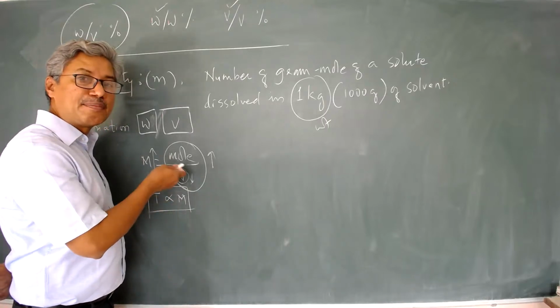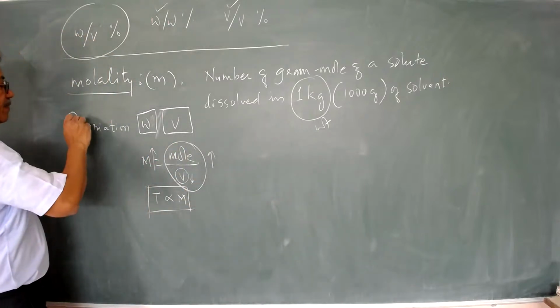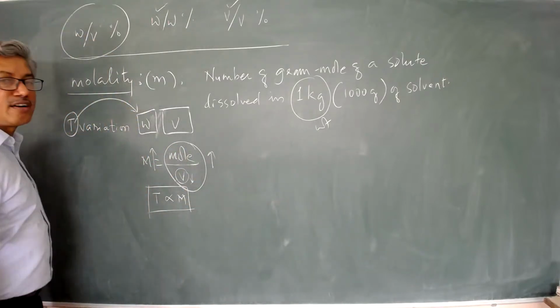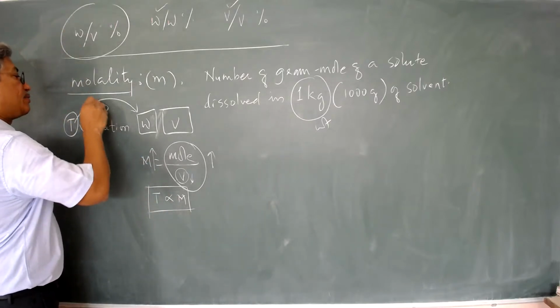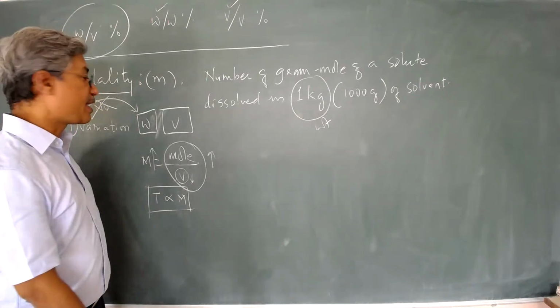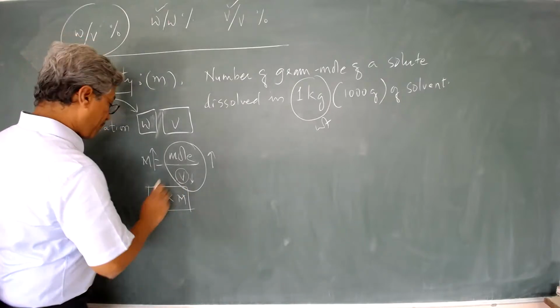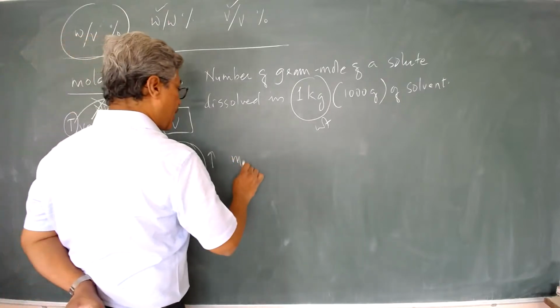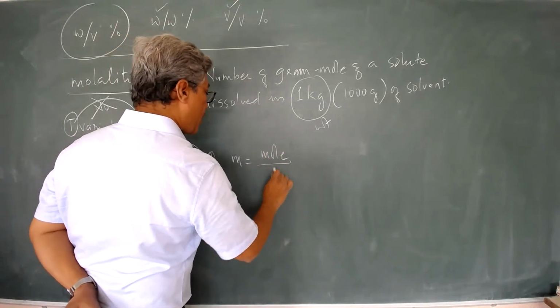Next, what is the effect of temperature variation on the quantity of weight? There is no effect. There is no effect of change in temperature on the quantity of the solute. Molality is mole by weight of solute.